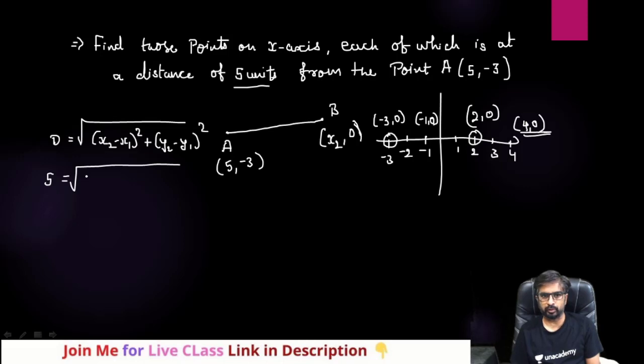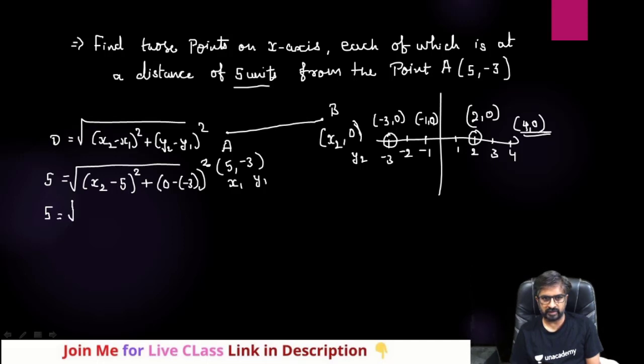We don't know x2, so x2 minus 5 is this, where 5, -3 is your x1, y1, whole square, plus y2 is 0 minus (-3), so that will be 3 whole square. If you want to take this as A also you can, no problem.